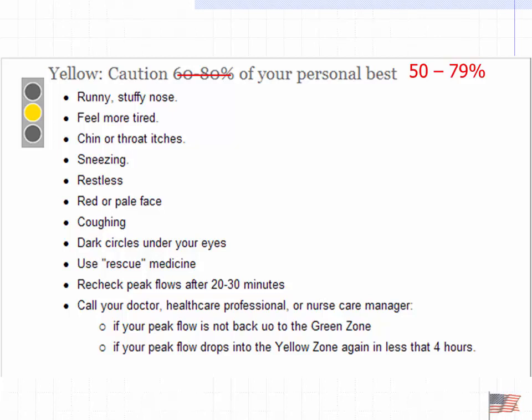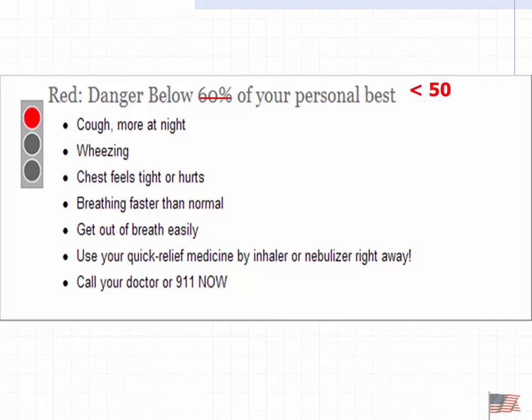This is where we're going to use our rescue medication, recheck our peak flow, and if it doesn't get better back into the green zone, we need to contact somebody to get some other guidance. And below 50, not 60, below 50 is where we're in the danger zone.